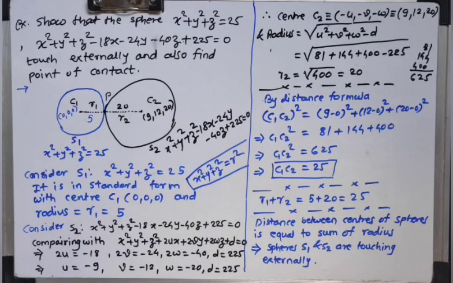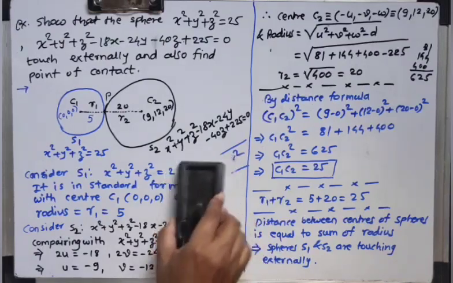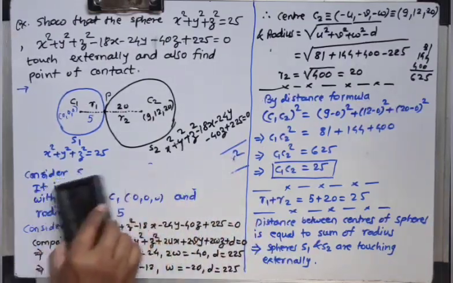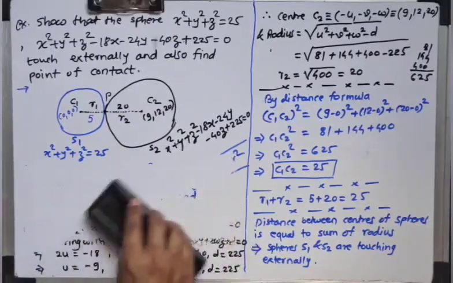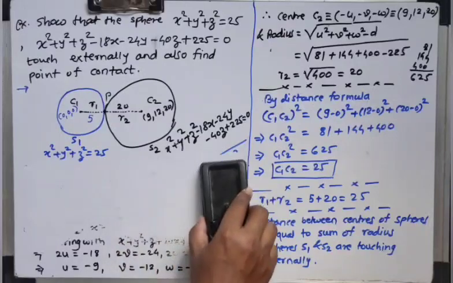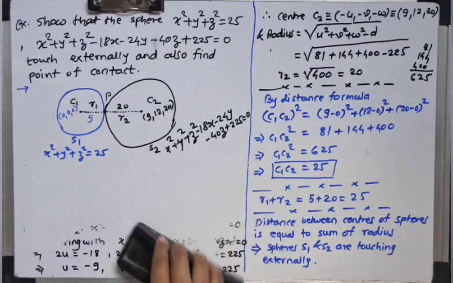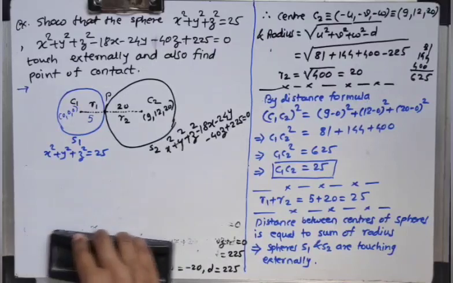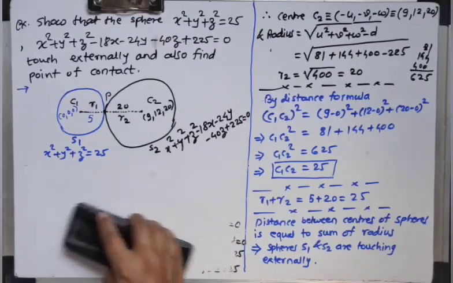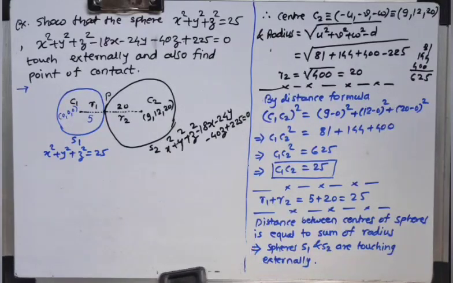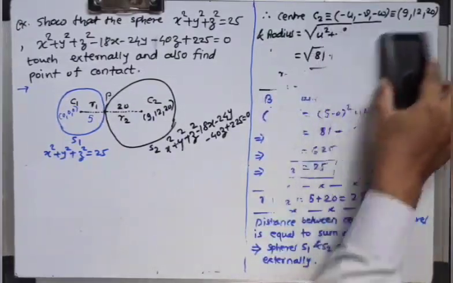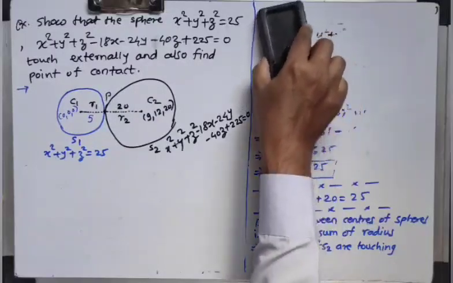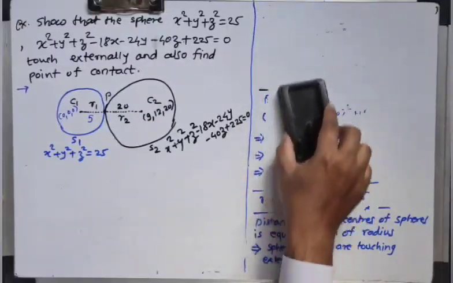Now to find out second part, that is to find out the point of contact. And here suppose that the point of contact is P. And to find this point of contact, you have to use the section formula, because you can see that the point P is dividing the line segment C1 C2 internally in the ratio 5:20, that is 1:4.